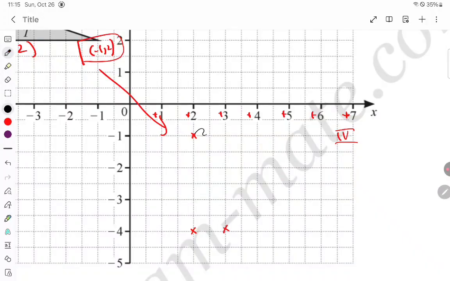Join the points. This is our triangle with reflection y equals x.